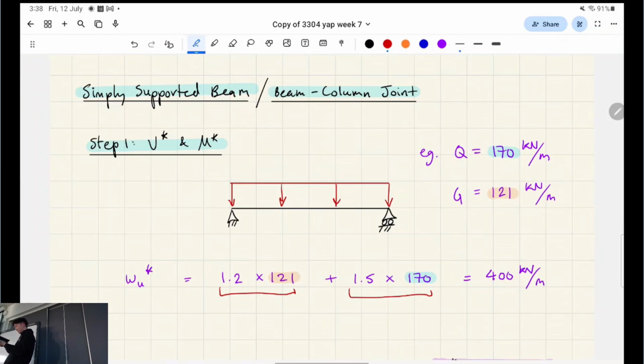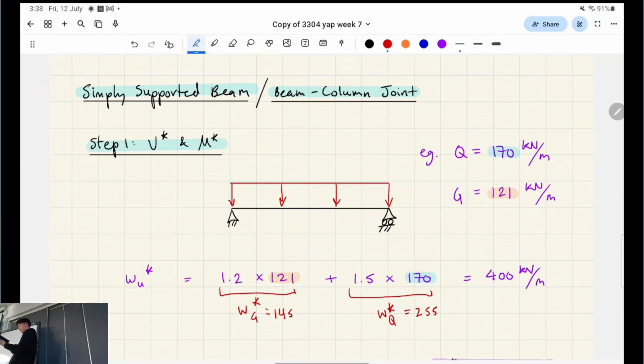Front part is Q, left part is G. We're going to call this W star Q, and this W star G, okay? Whatever that equals, I'm pretty sure, calculate it. That equals 145, and then W star G is equal to 255, right?